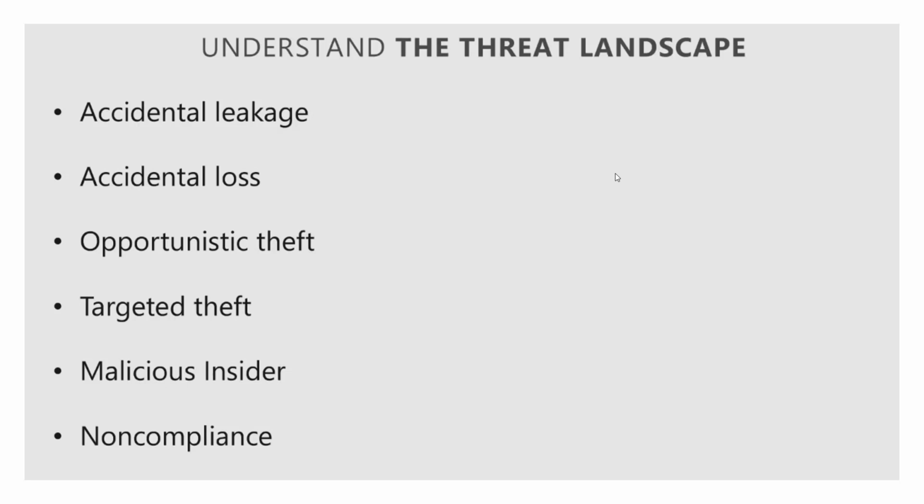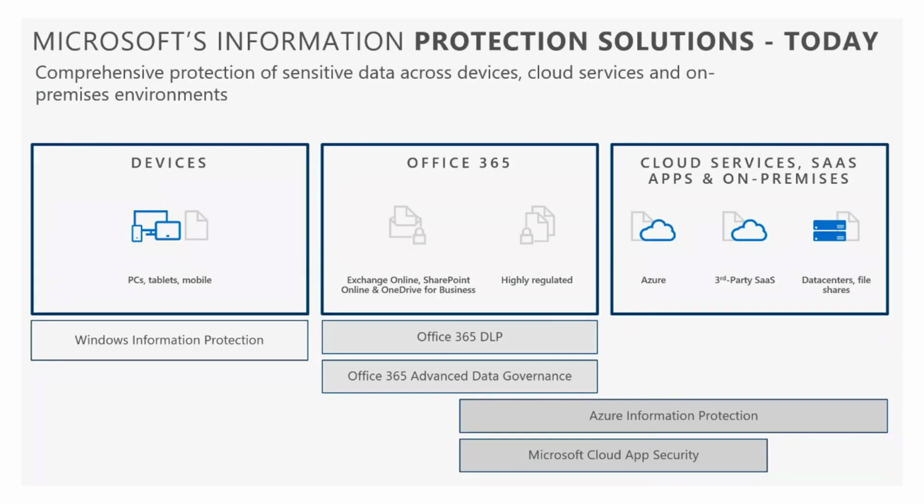When we think about the solutions from Microsoft in the sense of information protection, there's a variety that span across the entire suite. You have Windows Information Protection, which detects certain company information on devices and can protect that from cut, copy, paste, and save as into unmanaged applications.